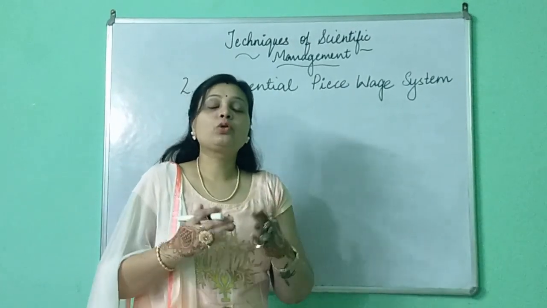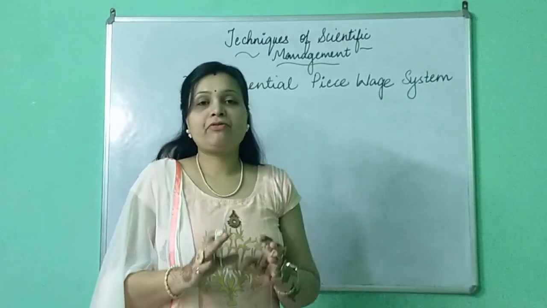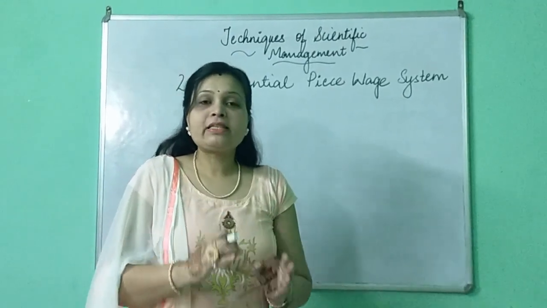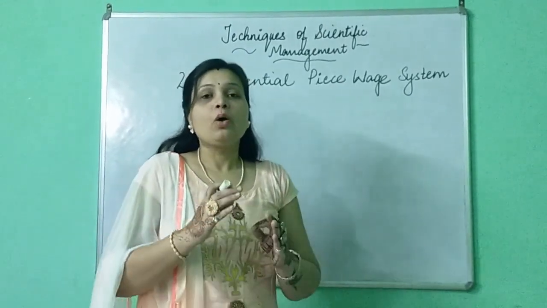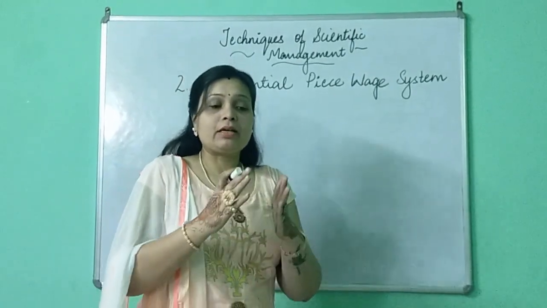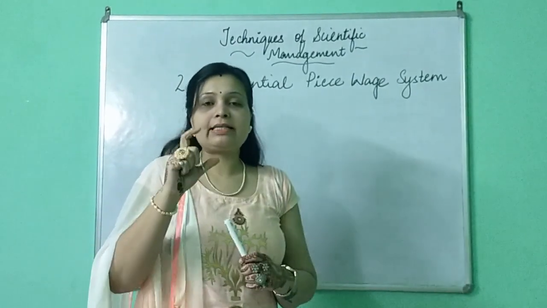Efficient workers are those who work with full efficiency. They always do their work in time. But less efficient workers are those who don't give full output. For example, we have decided a standard output.